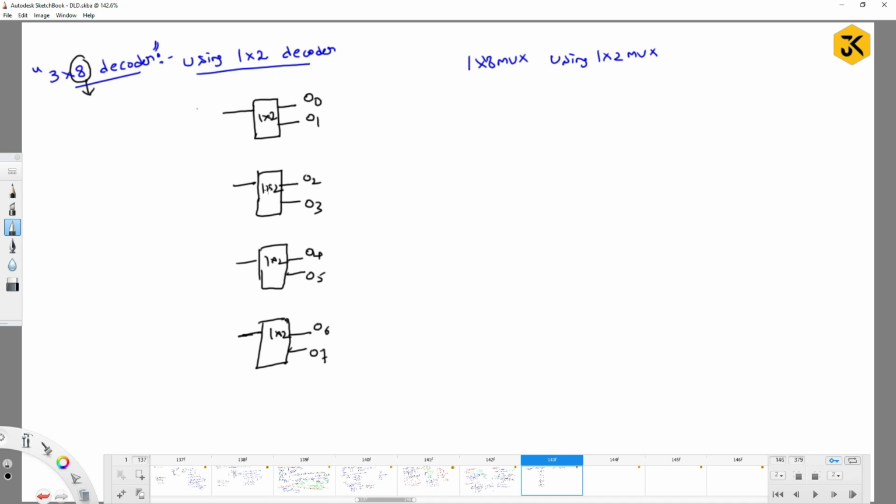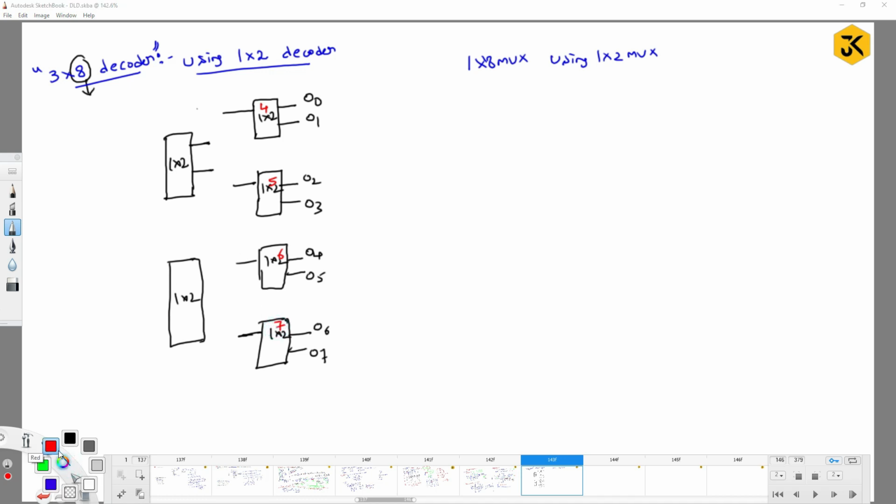You required again a 1/2 decoder, because we are trying to construct with only 1/2 decoders, and this 1/2 decoder is going to produce 2 lines as output, and these lines are meant for the control of, if I give some kind of naming convention, like 4, 5, 6 and 7.